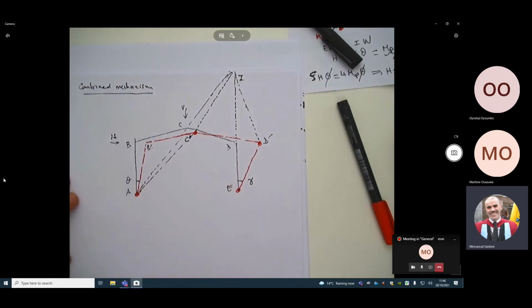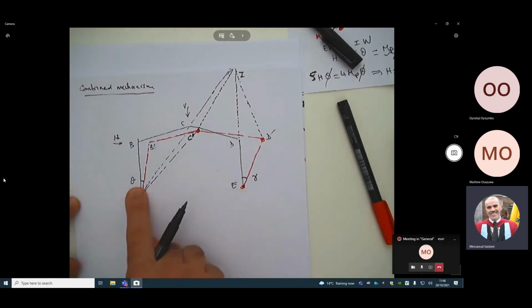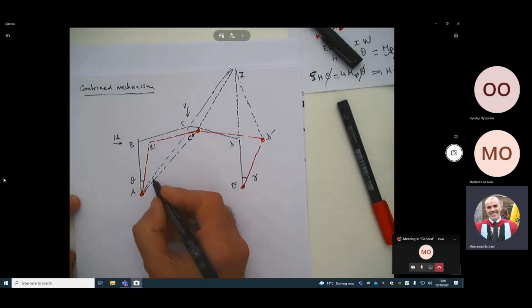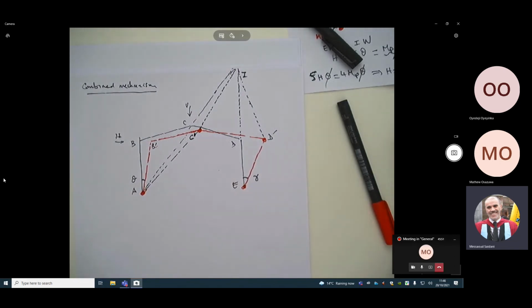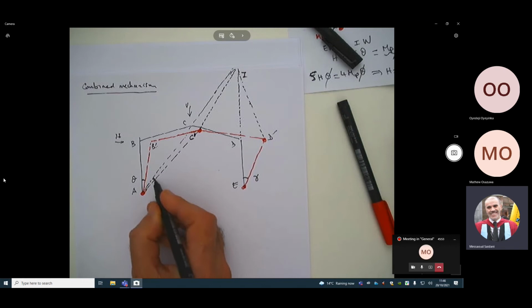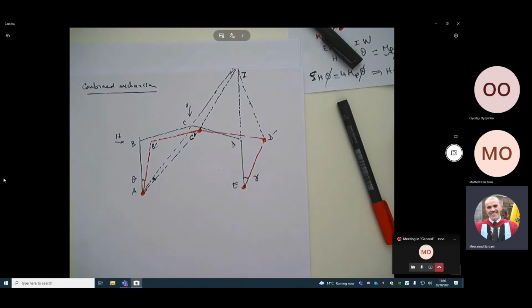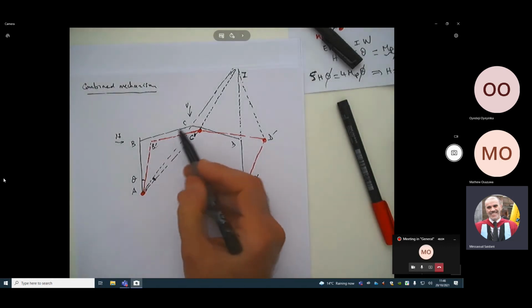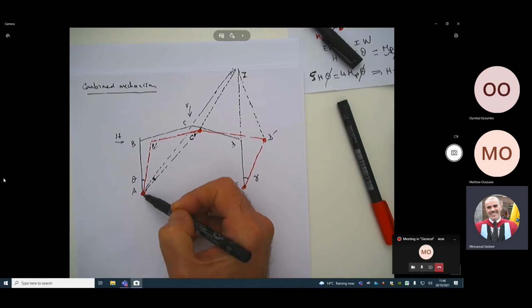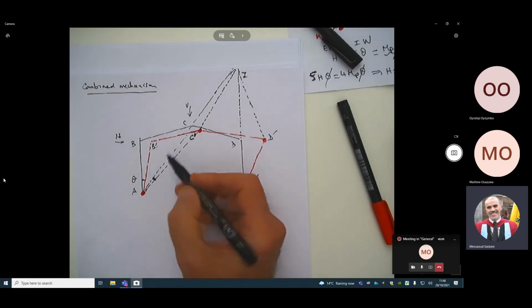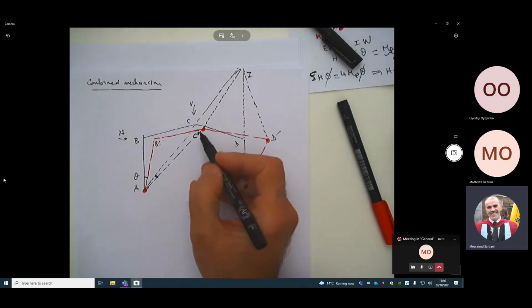The reason we are doing this is this. If we start from the left side, from this column here, and we call the angle theta, what do you think the angle here is going to be? Do you agree that, can you see this triangle ABC? It has rotated to AB dash, C dash.